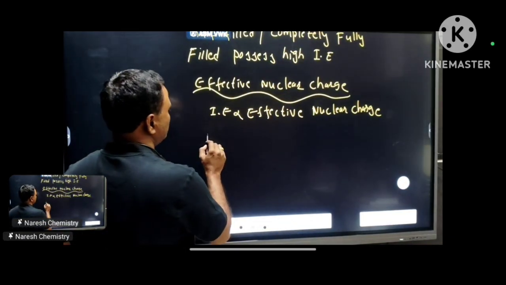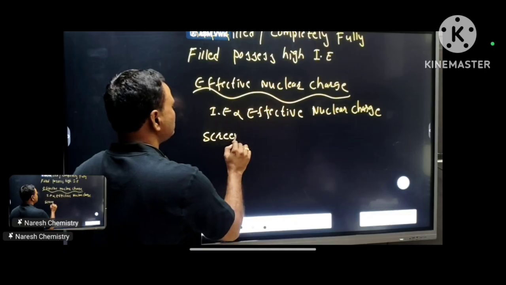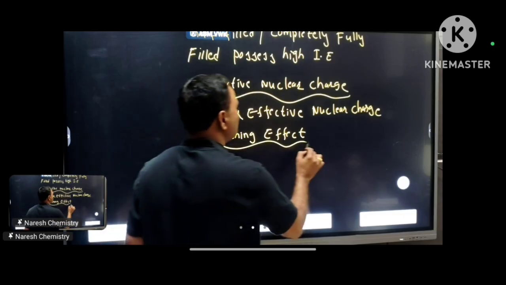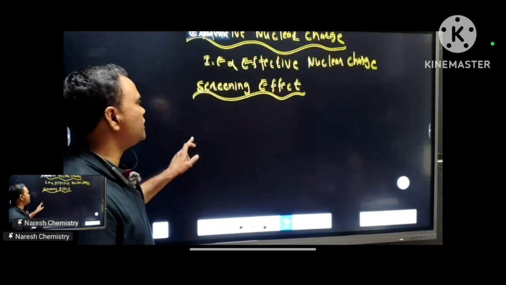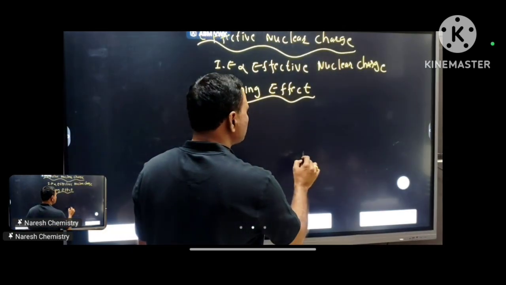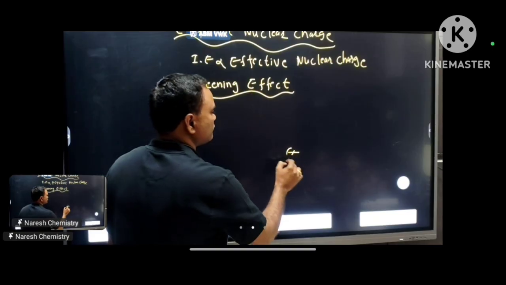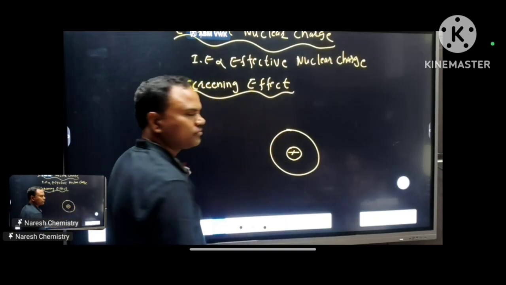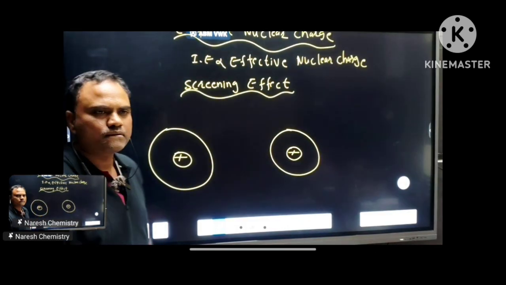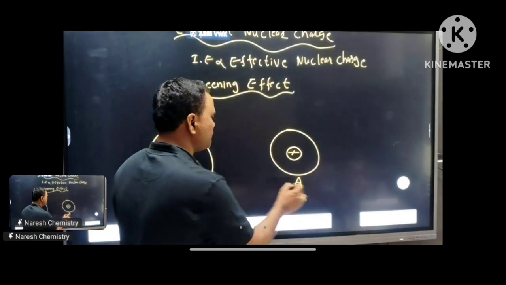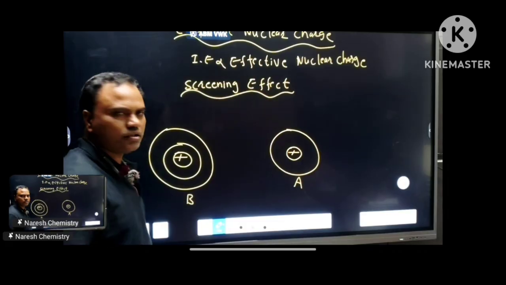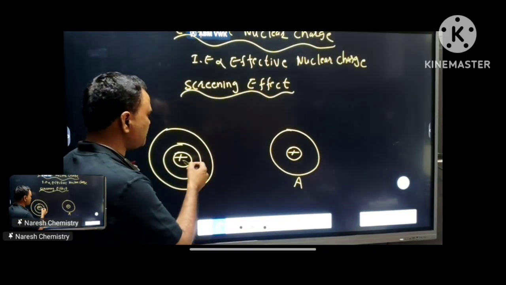Next, screening effect, also called shielding effect. What is the screening effect? Take atoms A and B. Imagine one extra orbit is present in atom B, between the outermost orbit and the nucleus.